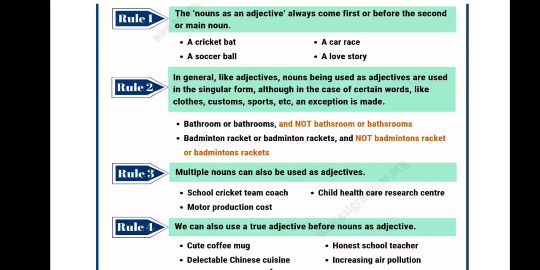Okay, the last example, motor production cost. The word is cost, and the noun cost is described by the nouns motor production. Again a multiple noun, you have two nouns here. Okay, more than one noun.